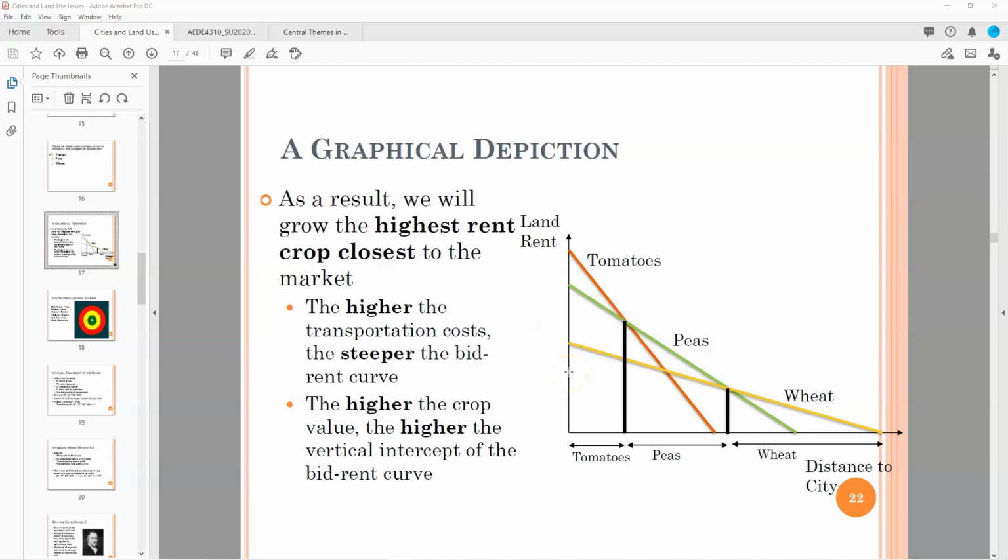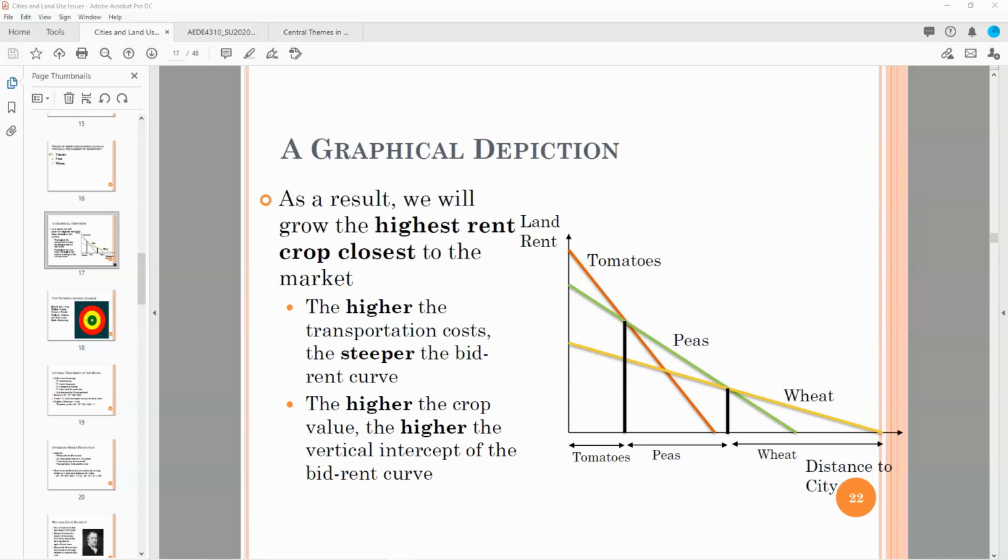So the bid rent curve for tomatoes would be steeper than that for peas or wheat. And according to our second sentence, the higher the crop value, the higher the vertical intercept of the bid rent curve. Because tomato is the most expensive among those 3 products, the intercept of the tomato bid rent curve would be the highest.